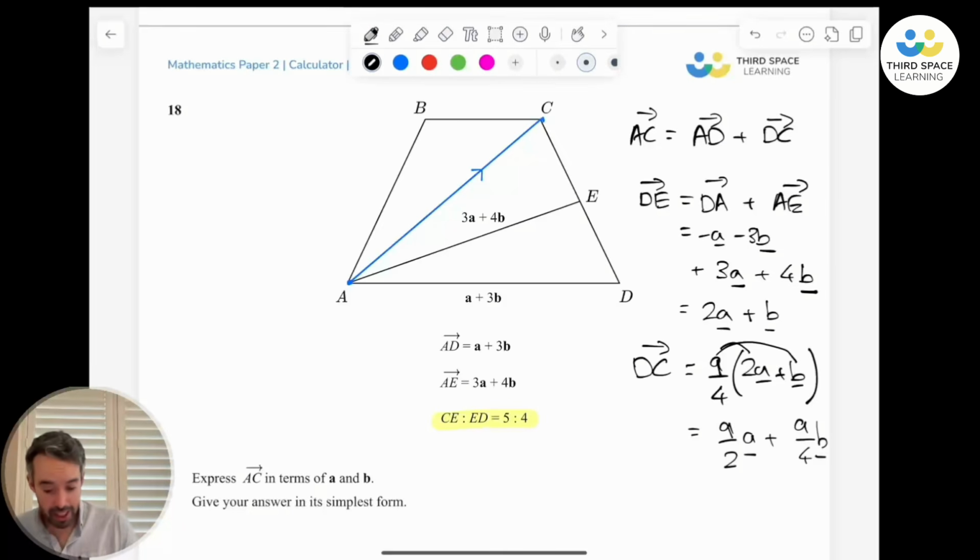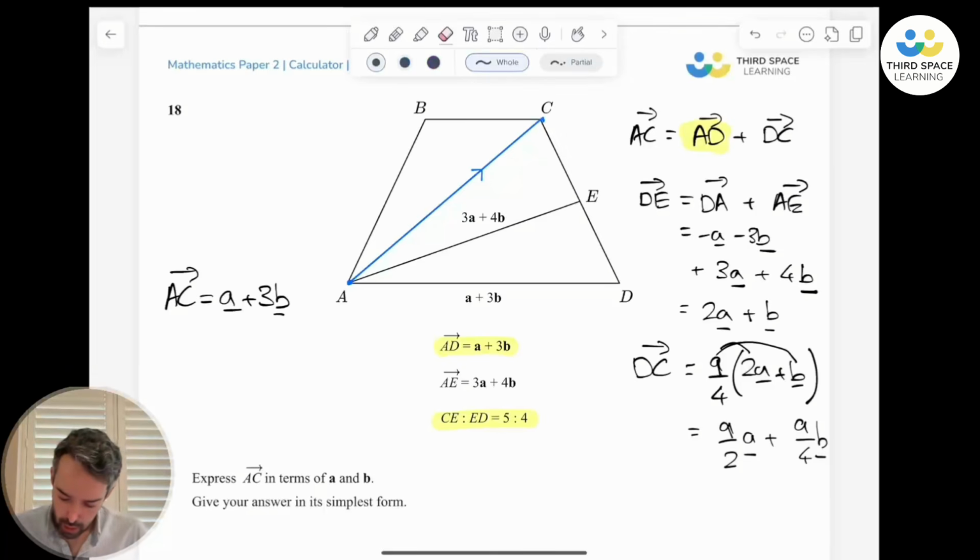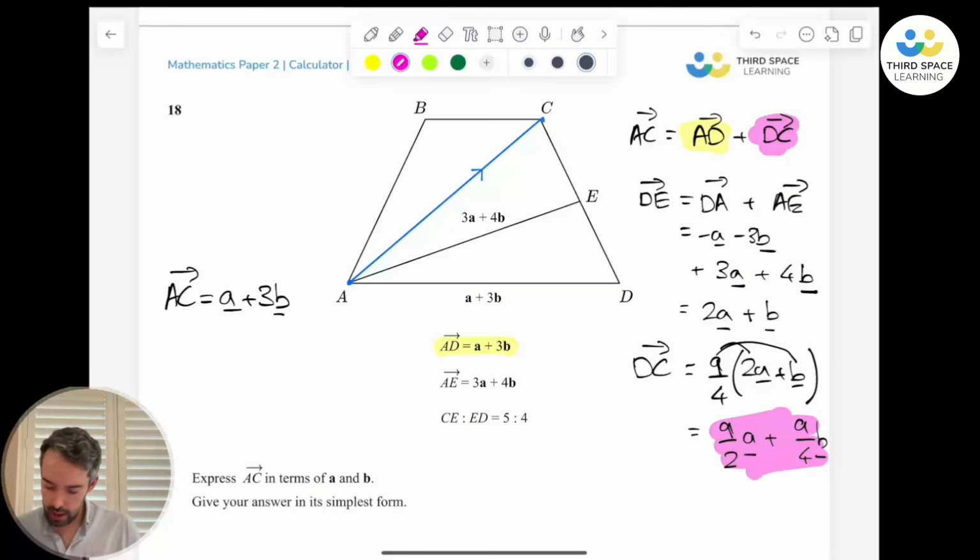So let's put everything together. To go from A to C, we wanted AD, which was a plus 3b, and then we wanted to add to it DC, which is this one.